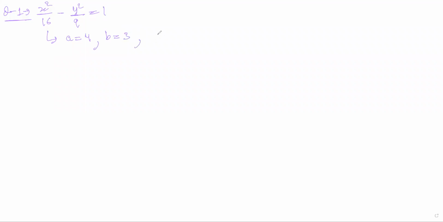Can we find out the value of c? 5. Root over a² plus b². So you'll get c as 5. Now, what do we need to tell? Coordinates of foci. What are the coordinates of foci for this case? Plus or minus c comma 0. Plus or minus 5, comma 0. And coordinates of vertices.